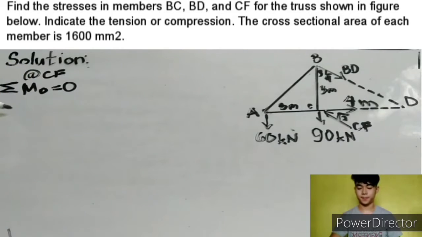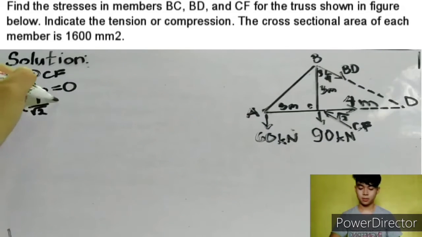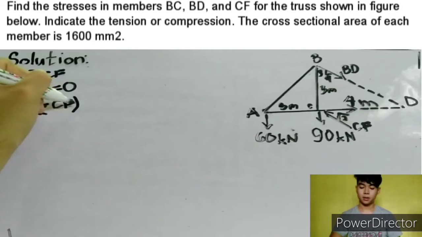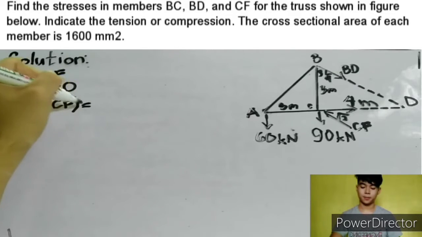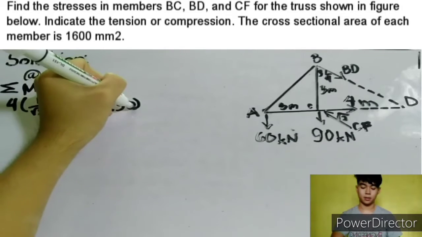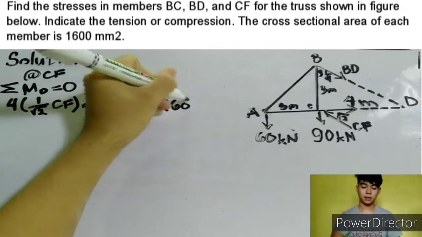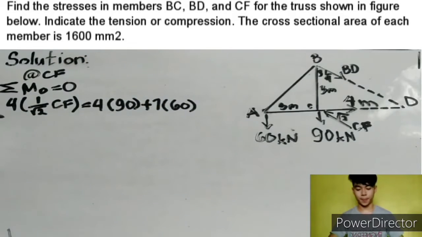Moment about D. 4 times 1 over square root of 2 times CF equals 4 times 90 plus 7 times 60.